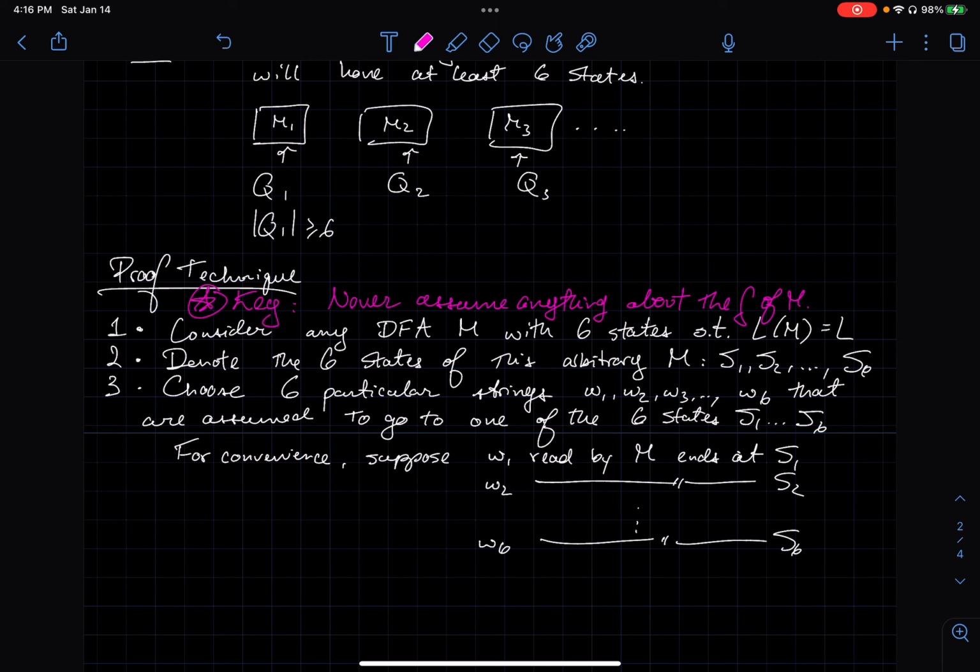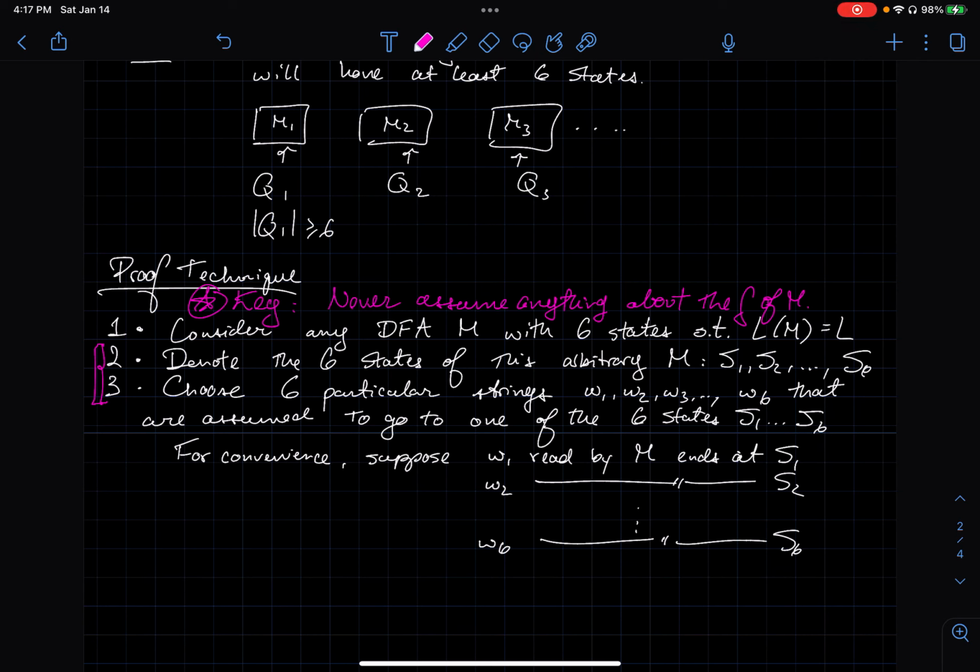Actually, the DFA would have had 5 useful states. Okay, so I have these 6 arbitrary states, which are each reachable, and I have these 6 strings that go to each of these states. So really, in other words, I'm just picking, so these 2 steps go together, okay?